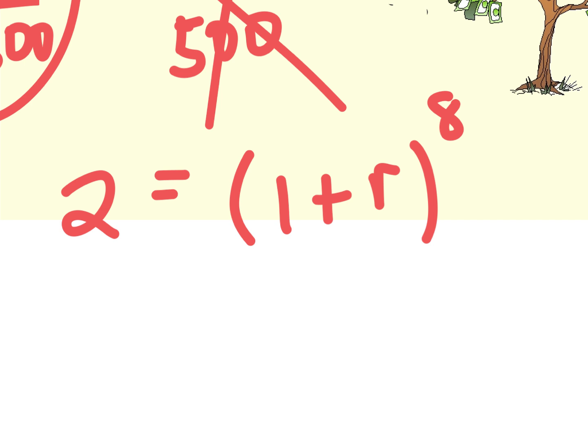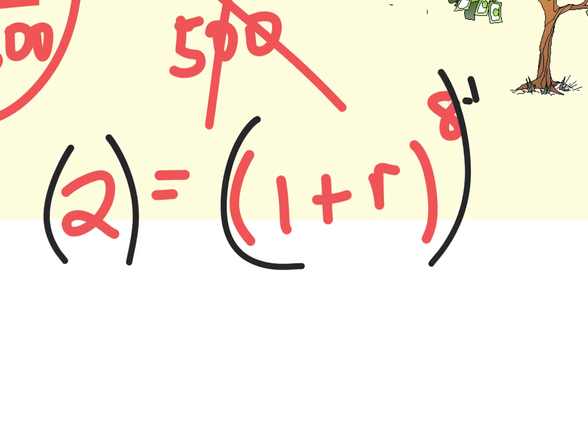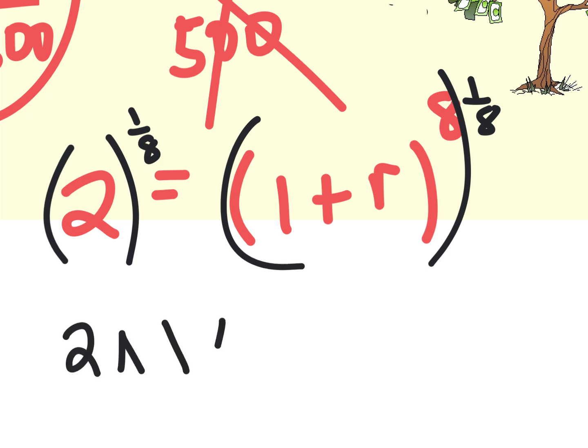This is the part where the calculator would be handy. Because you're going to put it to the power of what? 1/8. Remember that if you type 2 to the power of 1 divided by 8, your calculator will say, sure, I'll take 2 to the first, and then I'll divide it by 8, because powers go first. If you want 2 to the 1/8, put the 1/8 in parentheses.